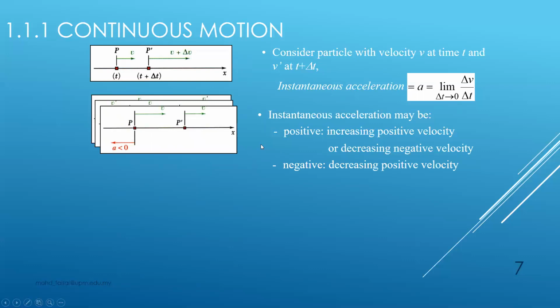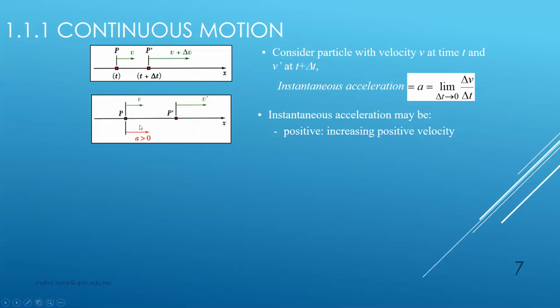For the negative, the acceleration becomes negative when the positive velocity is decreasing. To make it clearer, let's say at point P the velocity is 10. Then at P prime, the velocity becomes 12. So from 10 to 12, it is increasing.